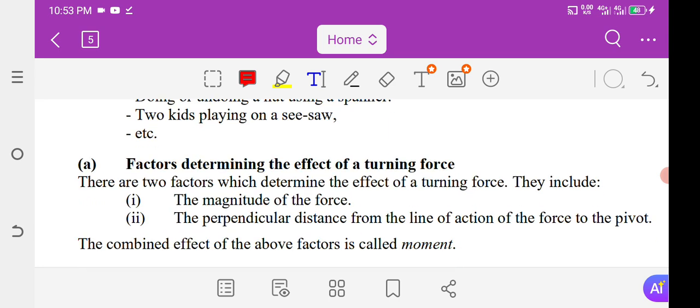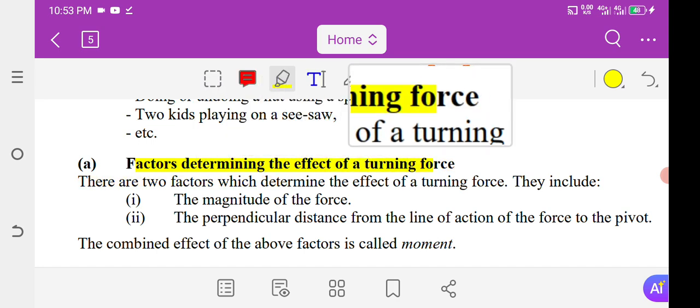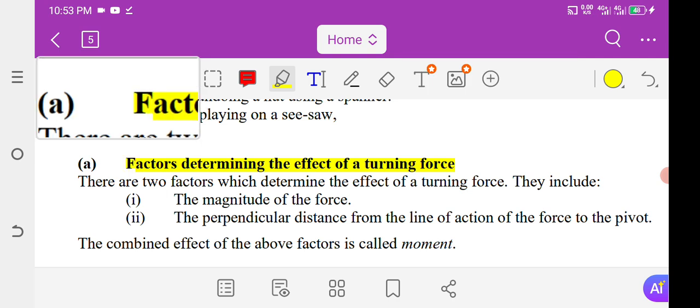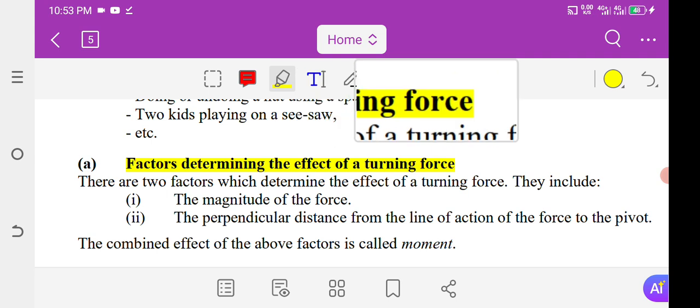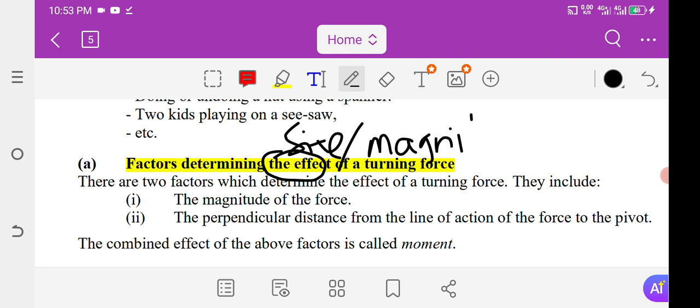The extent to which a body turns depends on two main factors. We call them factors determining the effect of turning force. What are the factors that determine the size or magnitude of a turning effect, a turning force?